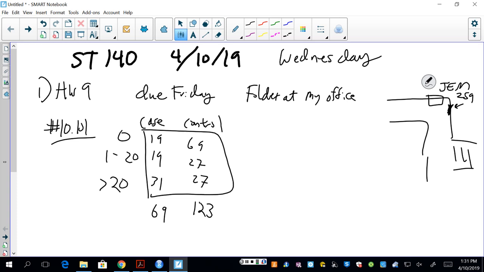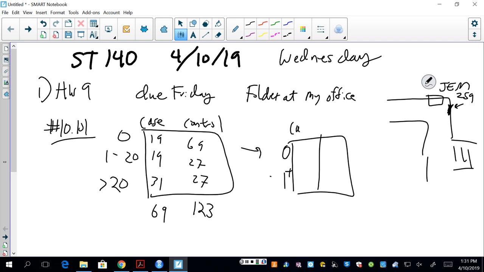And so the problem that I wrote, instead of using all three smoking categories, let's collapse it to 0 versus 1 or more.